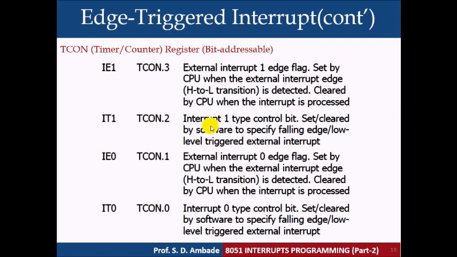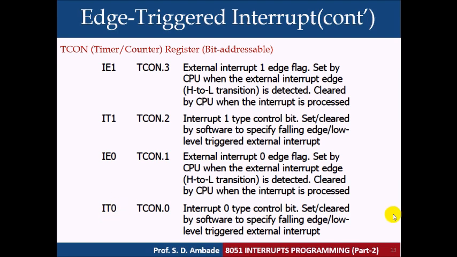IT1, the interrupt 1 type control bit, is set or cleared by the software to specify falling edge or level trigger external interrupt. So to make the interrupt an edge trigger, we have to set the bit IT1 or IT0. For external interrupt 1, we set IT1 for making it an edge trigger interrupt. We set the IT0 bit for making interrupt 0 an edge trigger interrupt.